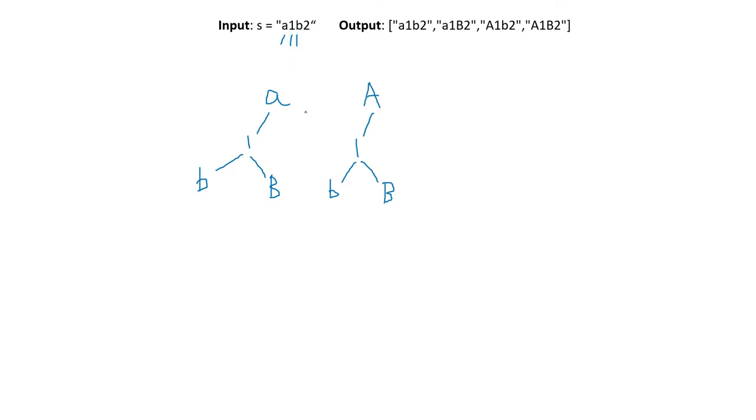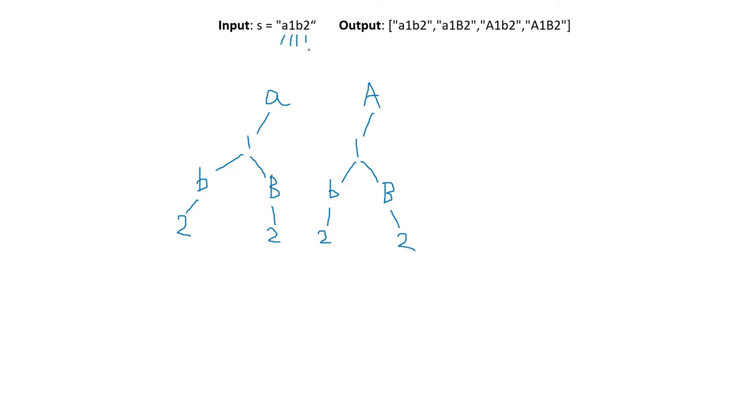After that, what do we have? 2. So 2 is a digit, so we can directly use that because 2 has no lowercase or uppercase. So everywhere 2 is the only choice. So 2 and 2 here. Now everything is complete, all the characters we have used.